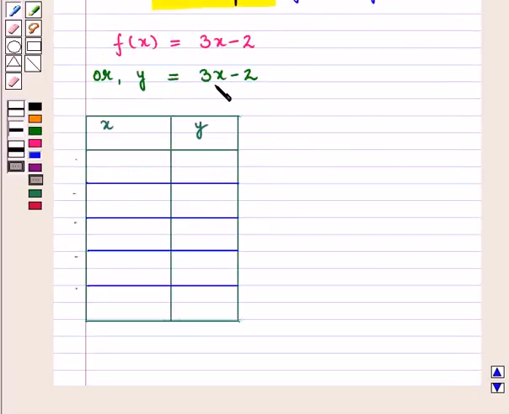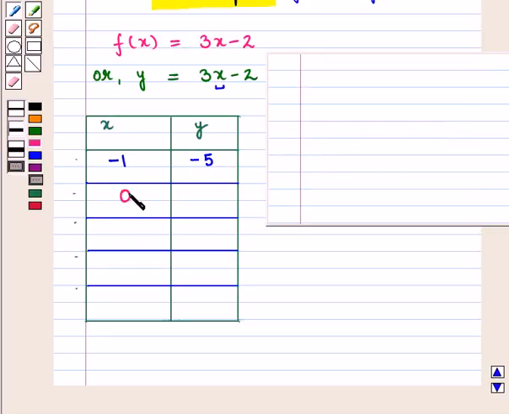When we put the value of x as minus 1, we get y as 3 into minus 1 minus 2, which implies that y is equal to minus 3 minus 2, that is equal to minus 5. So for x is equal to minus 1, y is equal to minus 5.